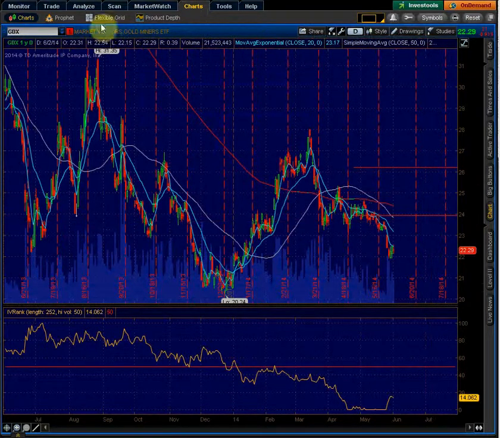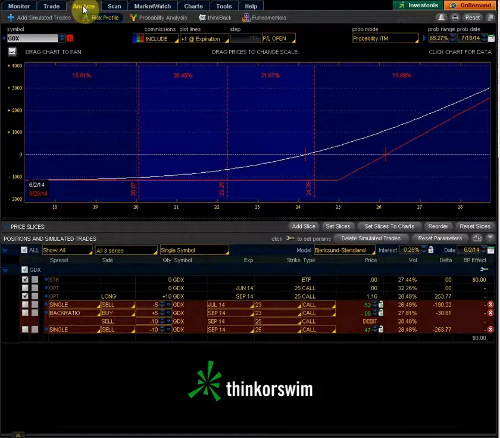So let's go back to the Analyze tab, and we'll show you. Here's what I have left. I just have that far term position that was put on for September of 2014. It's a 25 call. I paid $1.16 for it. I bought 10 contracts, so that's $1,160 is what that cost. I don't show what my original basis was for the June 25 call, but at the time I believe it was almost 50 cents.